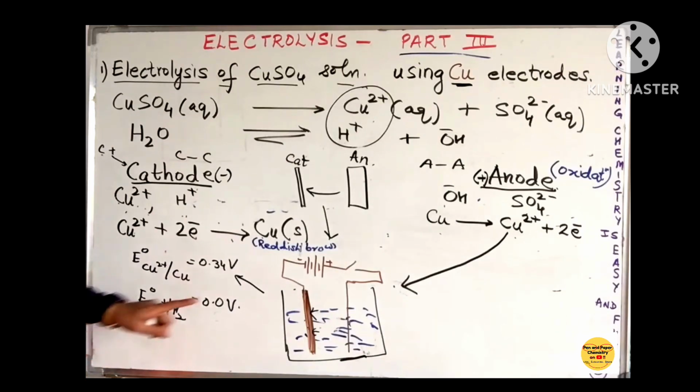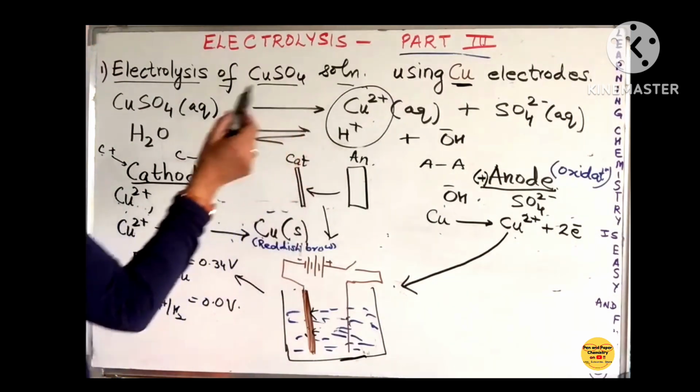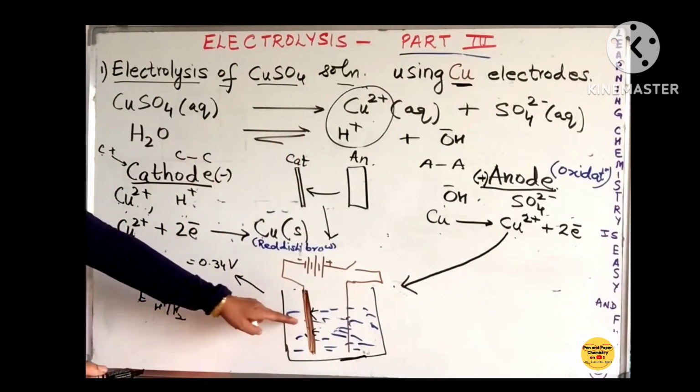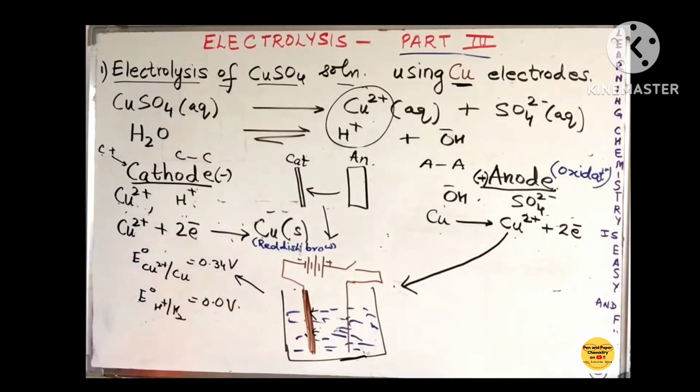Also, what will happen to the color of the copper sulfate solution? In the earlier experiment, when we were taking platinum electrodes, we realized that because the copper ions are getting discharged, the color of the copper sulfate solution fades away. What will happen here?